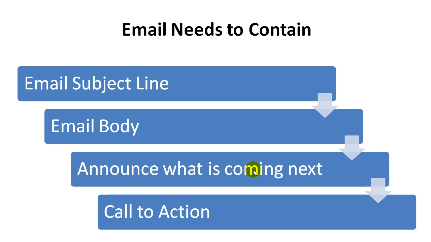So it's simple. Email subject line, headline, email body, push them down, announce what's coming next, and get them to take some action. If you follow these rules and you connect all your emails together as one big chain link, then your conversions are going to be a lot higher.